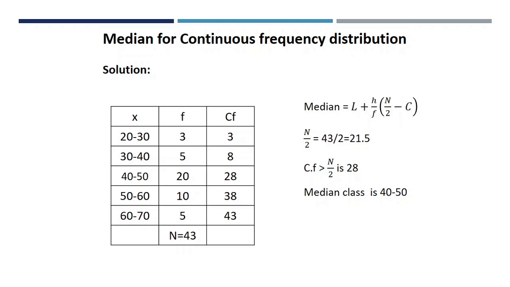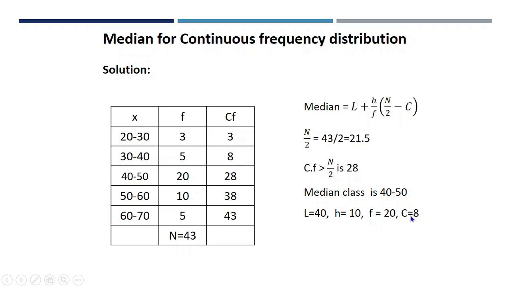Now L is the lower limit of the median class, that is 40, and h is the width of the median class, that is 50 minus 40, 10, and f is the frequency of the median class, that is 20, and c is the cumulative frequency preceding the median class, which is 8.